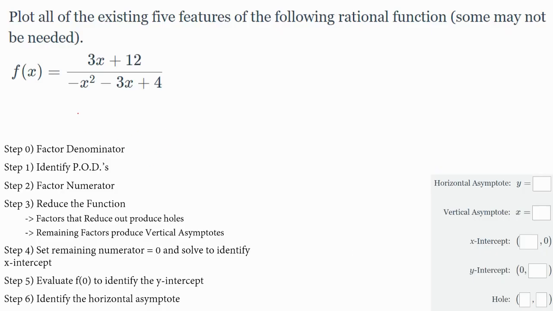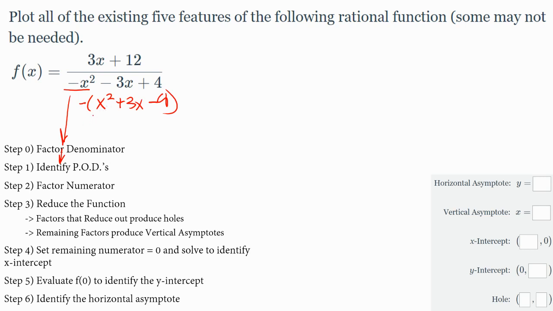All right, in this final example, we're going to have a denominator that has a negative 1 GCF. So as we go to factor the denominator to identify our points of discontinuities, we're going to divide out a negative and make this positive x squared plus 3x minus 4.